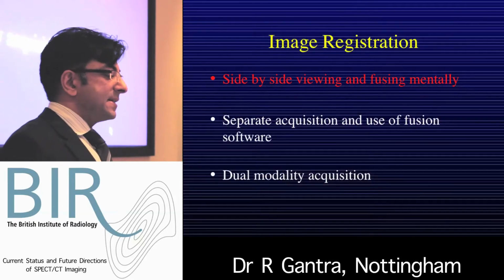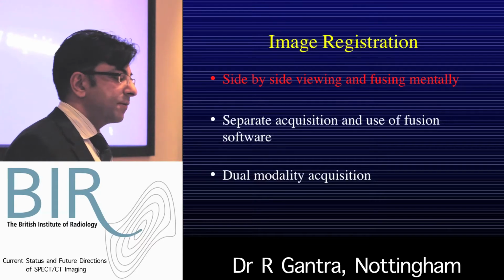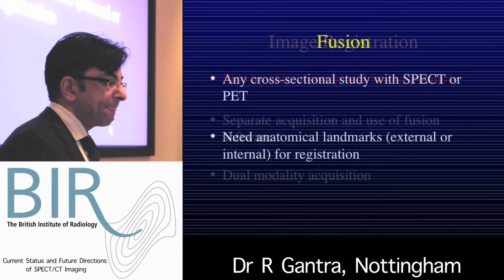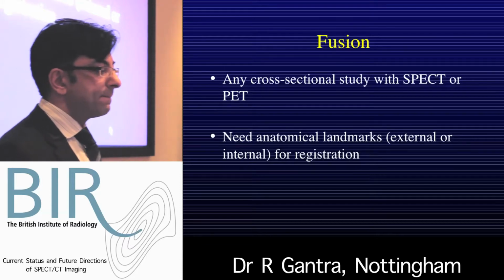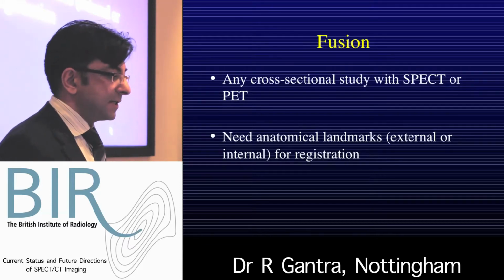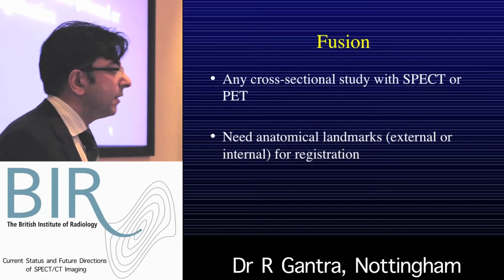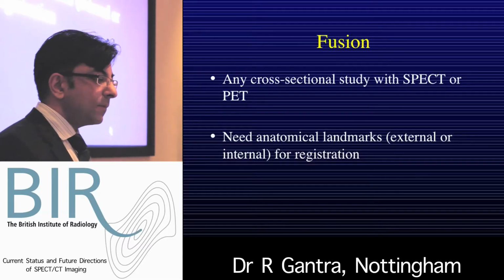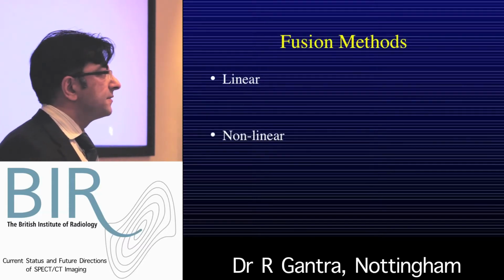We can acquire these data sets separately, on different days, and try to use fusion software to co-register them. And we can do this with any cross-sectional study, with any functional study such as SPECT or PET. But you do need anatomical landmarks to do this, either external or internal landmarks. And a variety of methods are available.